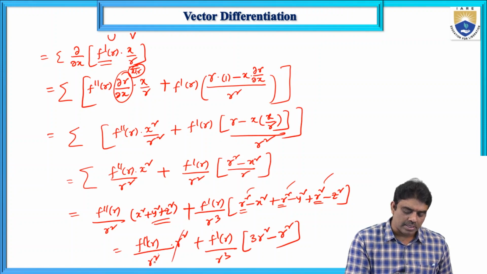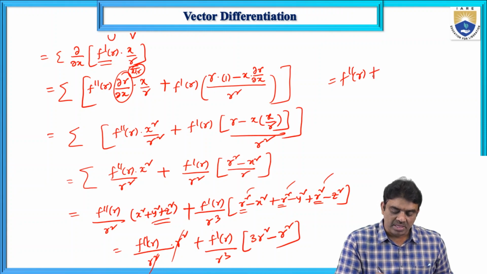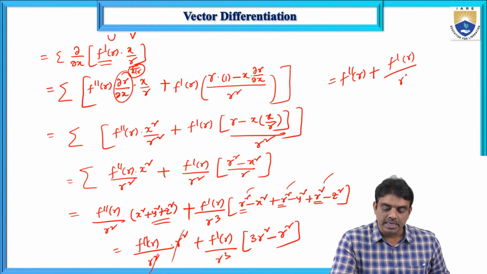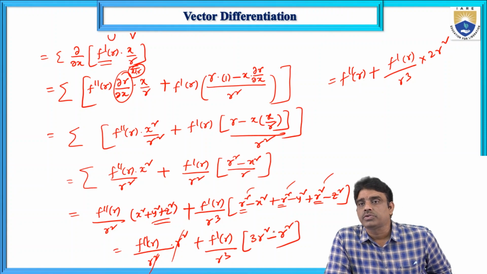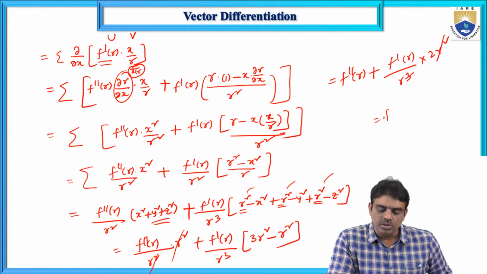So this r square cancels. The value is first term f double dash of r plus, 3r square minus r square, that is f dash of r by r cube into 2r square. 3r square minus r square is 2r square. So this and this also get cancelled. So f double dash of r plus 2 by r into f dash of r.